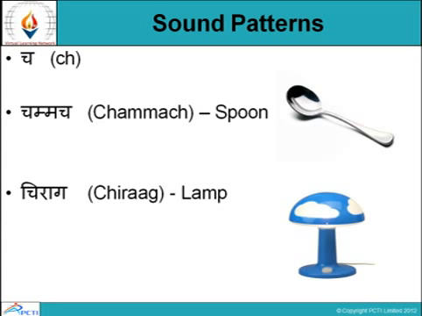We use this as a utensil to eat something like rice, chow mein, to drink soups. This kind of spoon we use to eat. This is called chammach. This is the next sound pattern, ch.